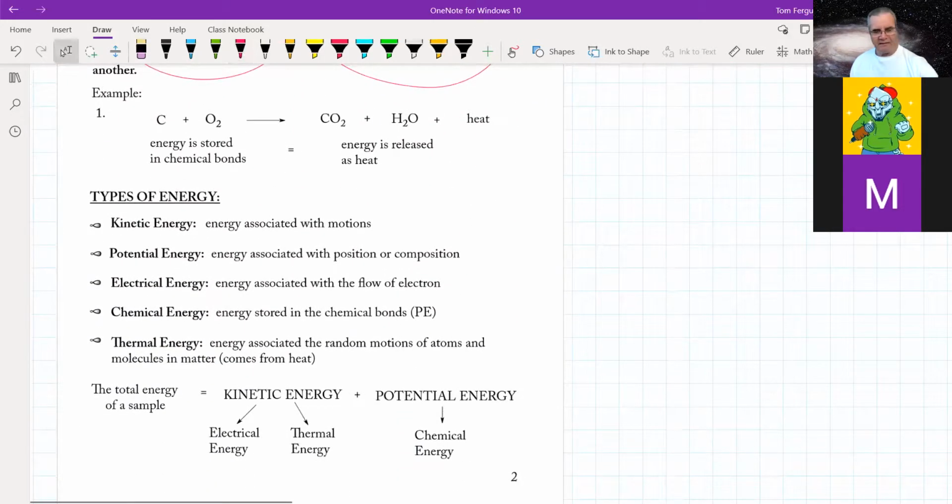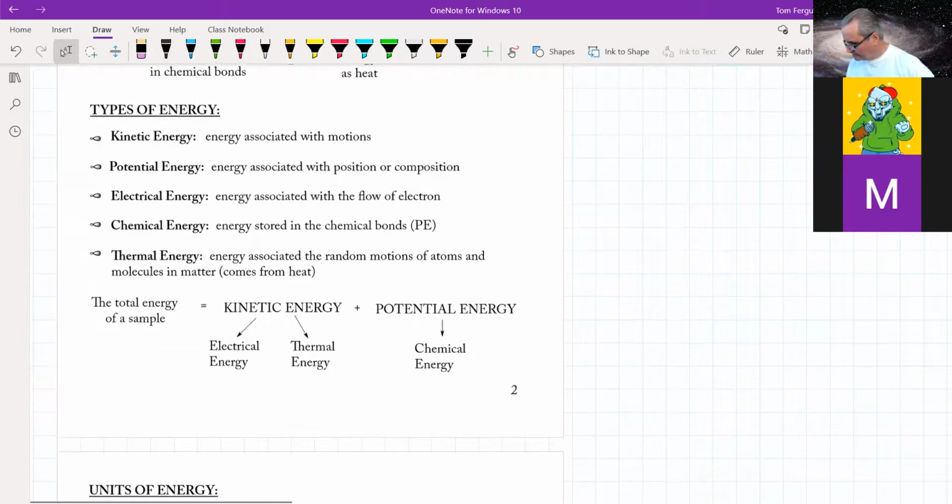Okay, these are some manifestations of the different kinds of energy. And this would be measured with temperature.